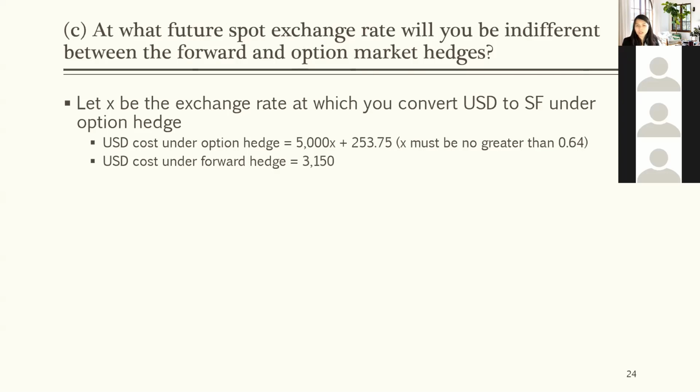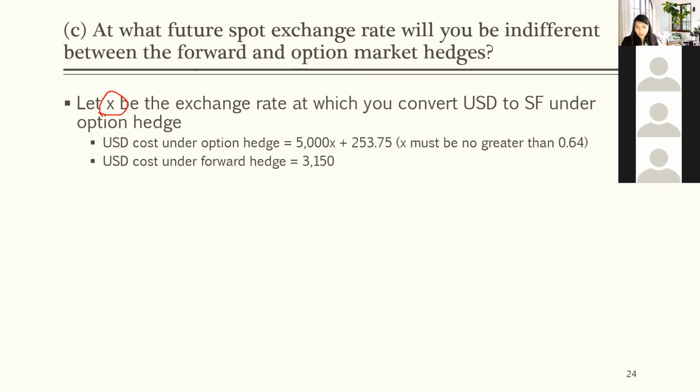The only thing that varies with the exchange rate is the option hedge. So we want to find the exchange rate at which the option hedge and the forward hedge are indifferent, meaning the outcomes of the two are the same. Let's call that exchange rate X.